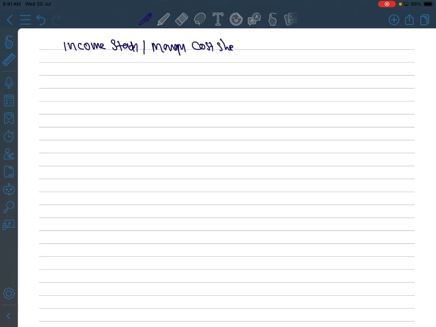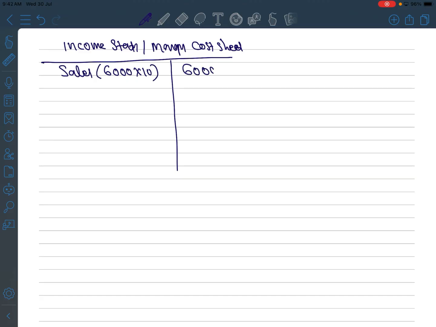How can we draw it? Sales: the 14,000 units, they just asked to compare to understand the magic of the marginal cost sheet. Here our main question is 6,000 units into 10, so it will come 60,000. Please respond, dear students. Minus variable cost is equal to 6,000 into 6, is equal to 36,000.